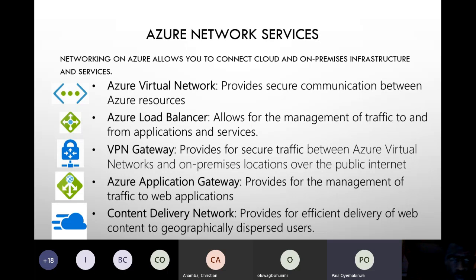Now, let's say you're accessing an application in the cloud. Let's say the application is in Australia South, for instance. That's where the application is. And we know that West Europe is closer to Nigeria. If you try to access the application in Australia South, it can take a while.